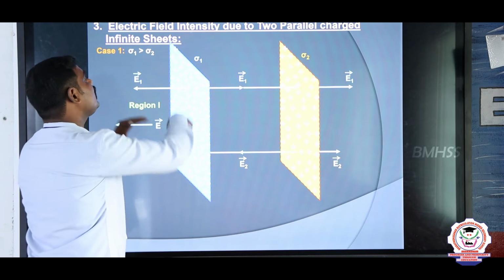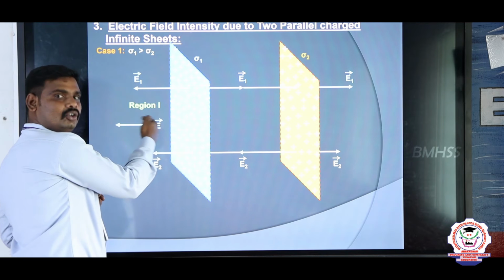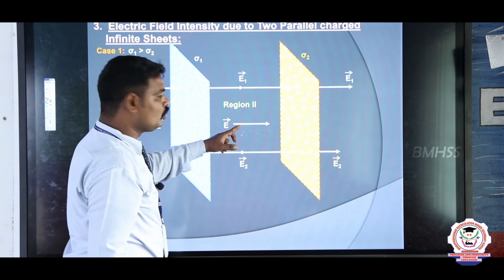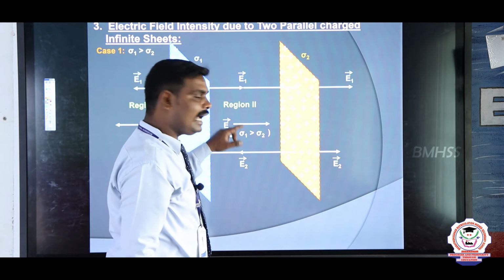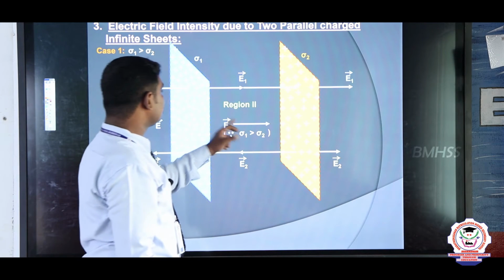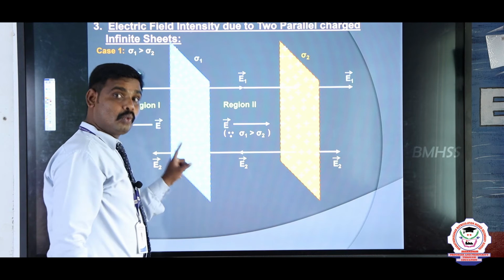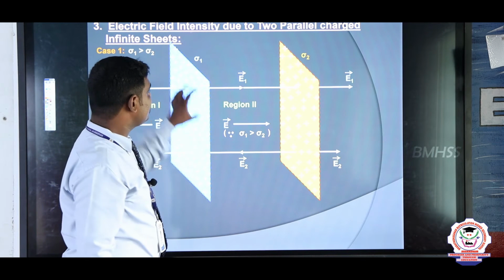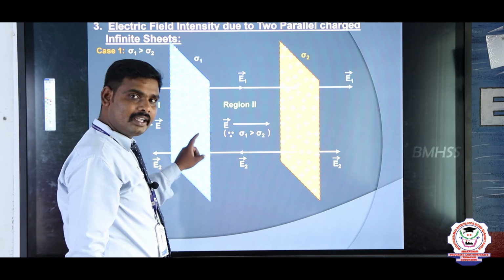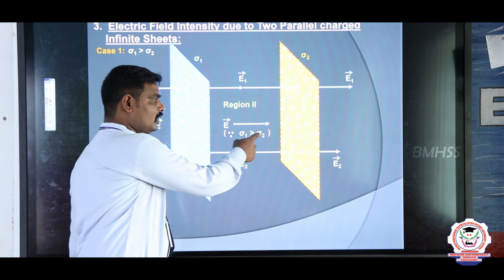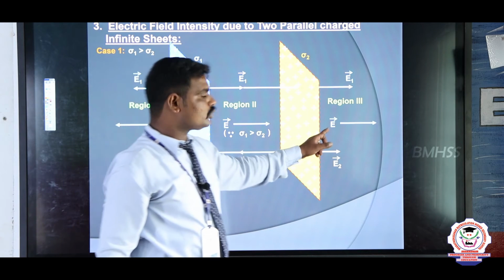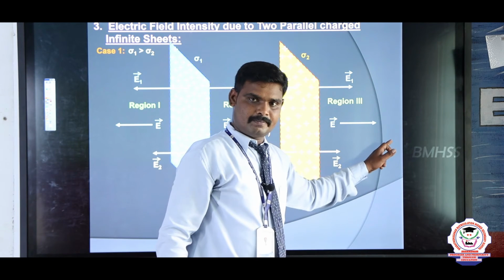That's why the total electric field will act in the outwards direction. In region 2, the electric field acts outwards towards the first plate, because the density is high, so sigma 1 is greater than sigma 2. And in region 3, the electric field is also outwards.